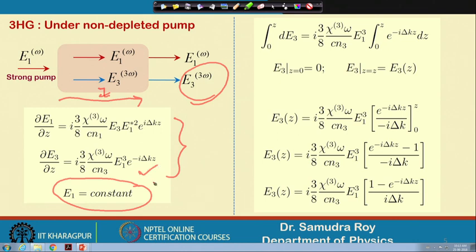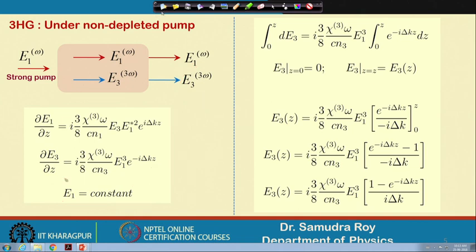Once we consider E1 as a constant, it is very easy to solve this equation. We know from the study of our second harmonic generation process that once we consider the pump to be very strong and constant, the equation becomes quite simple and the integration is very straightforward. Now, I integrate this equation because I want to find the evolution of E3, and E1 is constant.